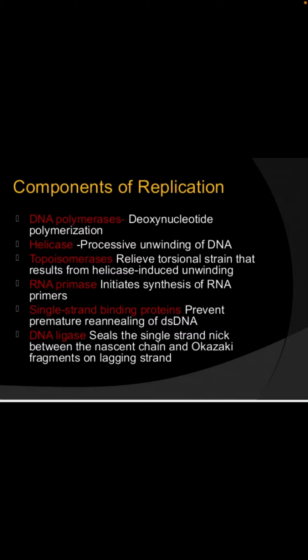Then comes the RNA primase, which is going to synthesize the RNA primer. Then single-stranded binding proteins are also there, which are going to bind with the single-stranded DNA to prevent the premature annealing of the double-stranded DNA.